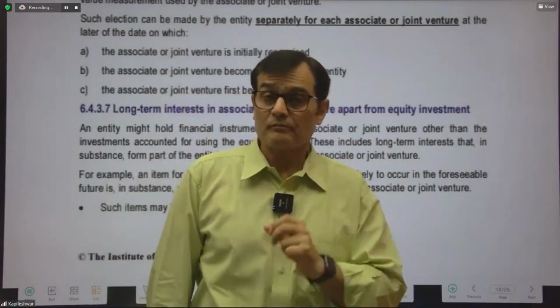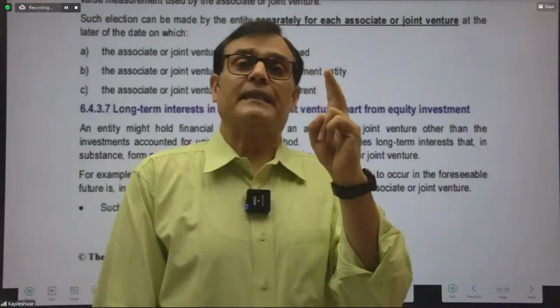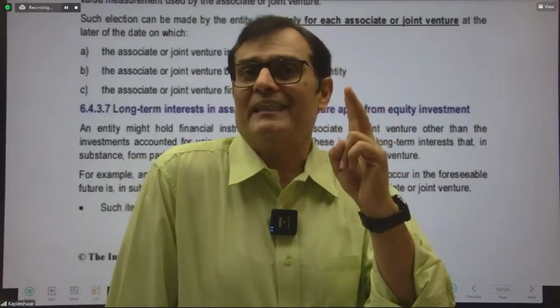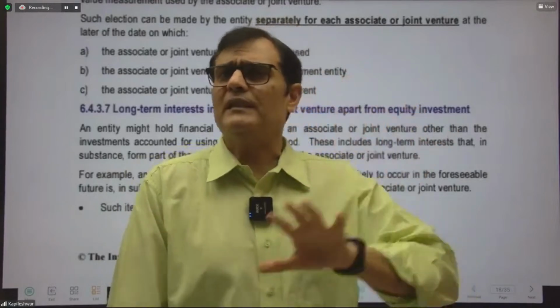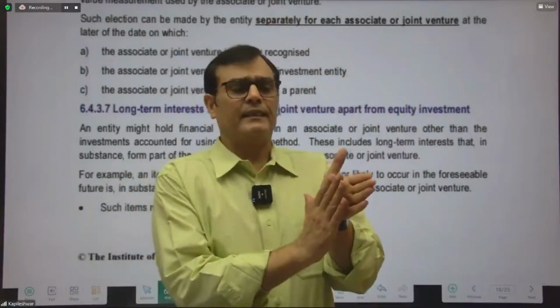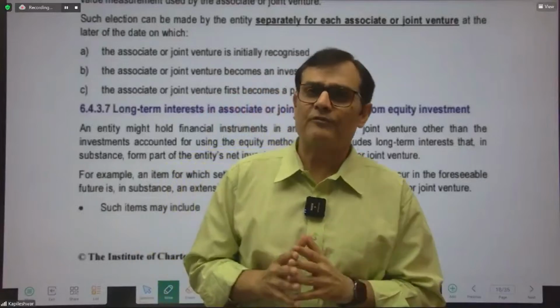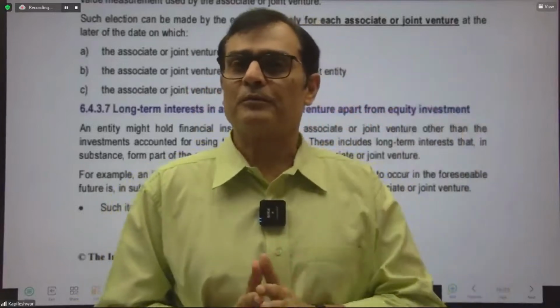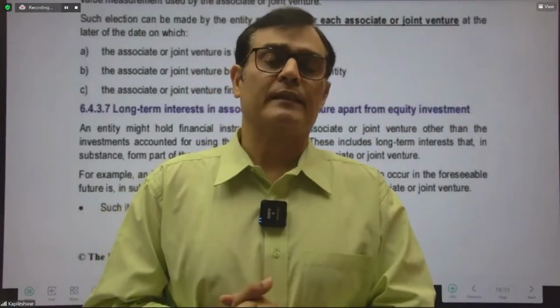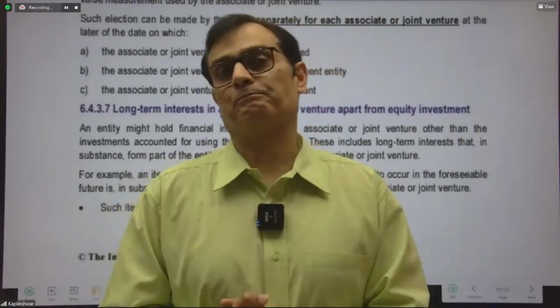Number two, there could be a case where the associate company is a loss-making company and you've got no other investment other than equity. So two plain vanilla cases are there, where as an investor, I don't have anything except equity investments. It's either case one, a profit-making associate, or case two, a loss-making associate.